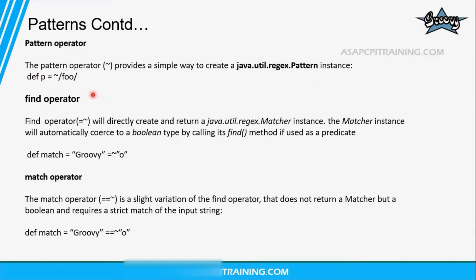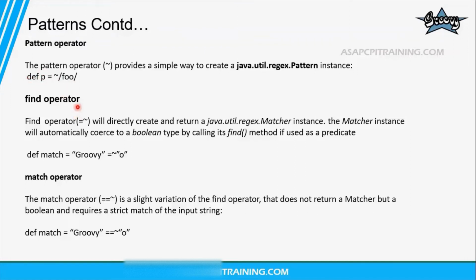In Groovy it's very simple; you just write this line. In yesterday's session we already discussed slash strings. Here we define our slash string. Let's say our example is foo, and you just put tilde over that, and it is converted into a regular expression. In this way the pattern operator can be used.